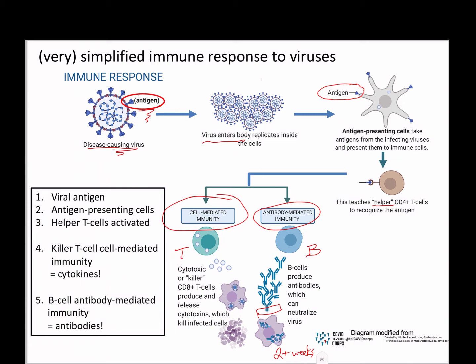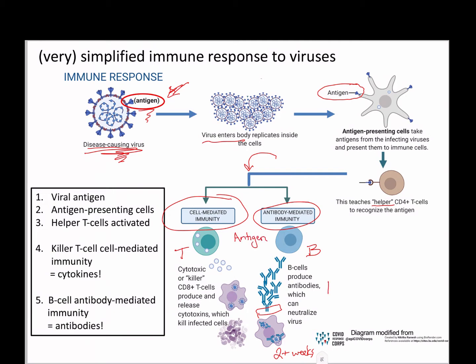So when we talk about how vaccinations work, what you're coming away with is that you have a virus that has an antigen on it. Any way that we can replicate that antigen or present that antigen to the immune system is going to cause activation of the cell-mediated or T-cell-mediated immunity as well as the B-cell-mediated immunity. That's all based on whatever antigen we gave it in the vaccination.